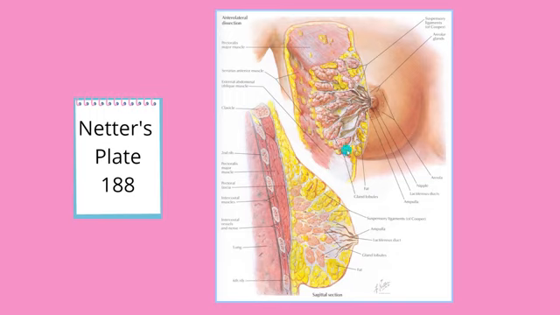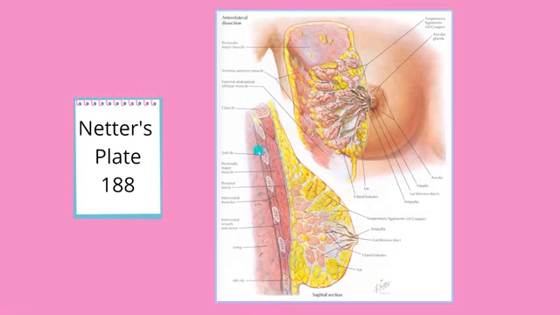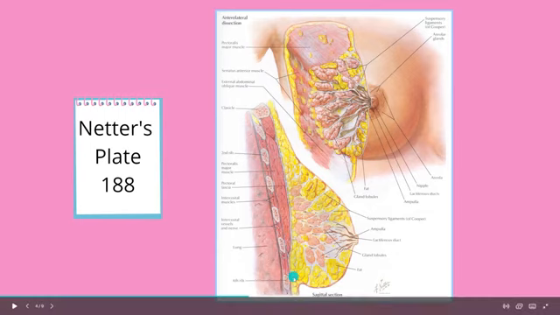when pregnant, and that's why I can tell that this is a pregnant or breastfeeding female, because the glandular tissue is just so large. When we're talking about the location of the breast, vertically, we see it start about the second rib, which is labeled, all the way to about the sixth rib, which is also labeled.